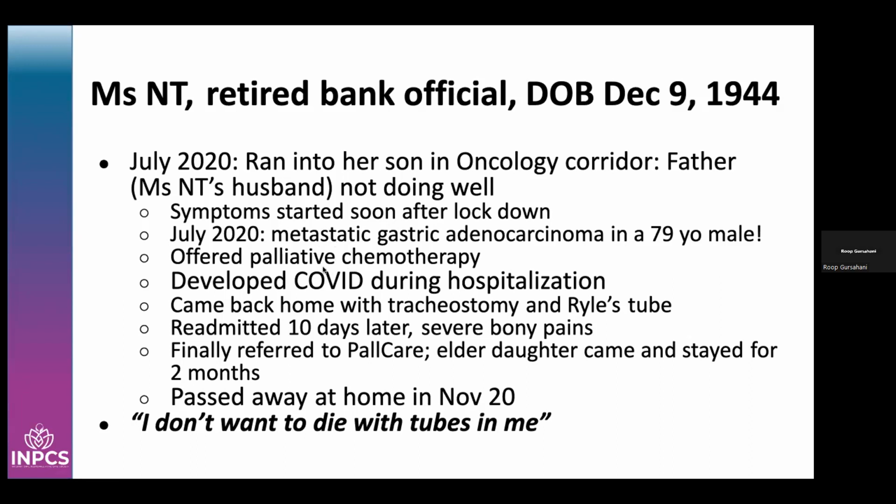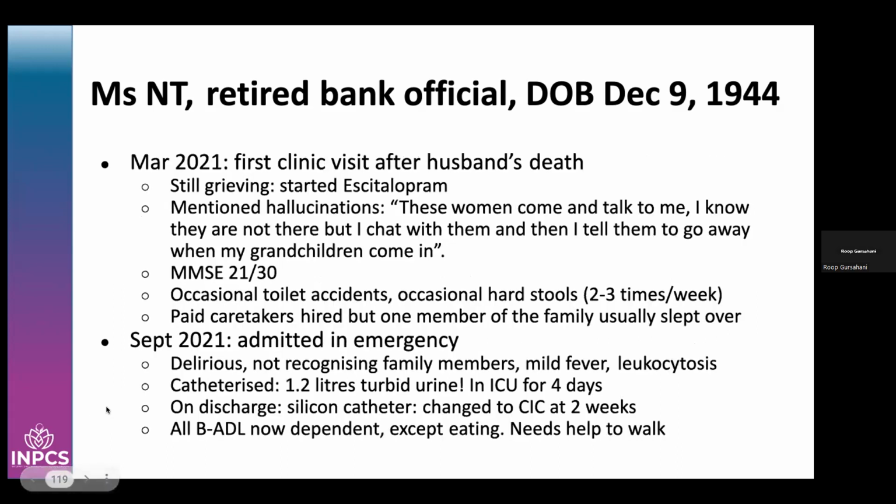They could only give palliative chemotherapy, and he developed COVID during hospitalization. Came back home with tracheostomy, Ryle's tube, came back to hospital. Eventually, he got to palliative care. And in fact, the elder daughter came from the US to help manage, and finally, he passed away at home in November 2020. And the first statement that she made when I saw her after this had happened is, I don't want to die with tubes in me.